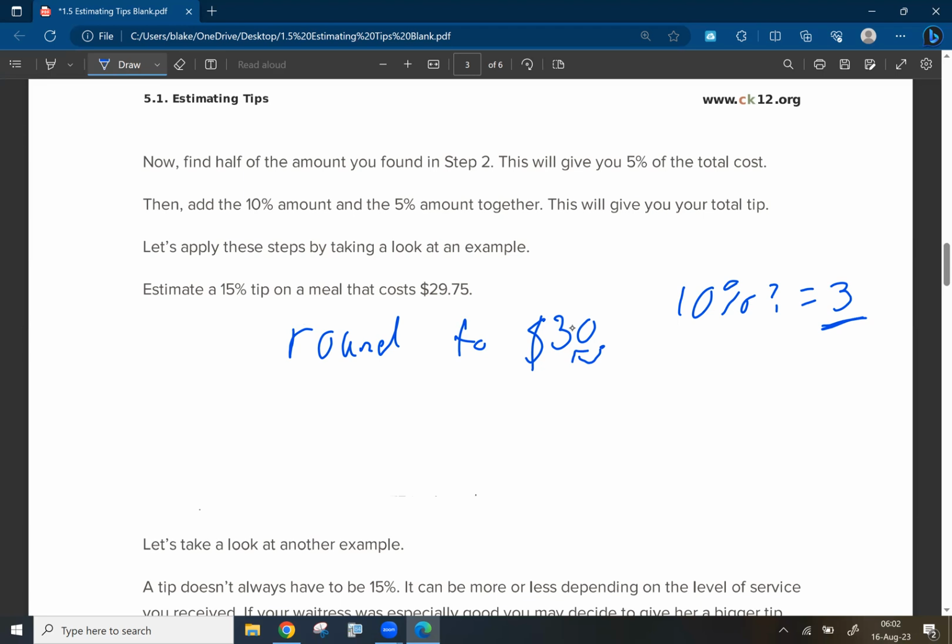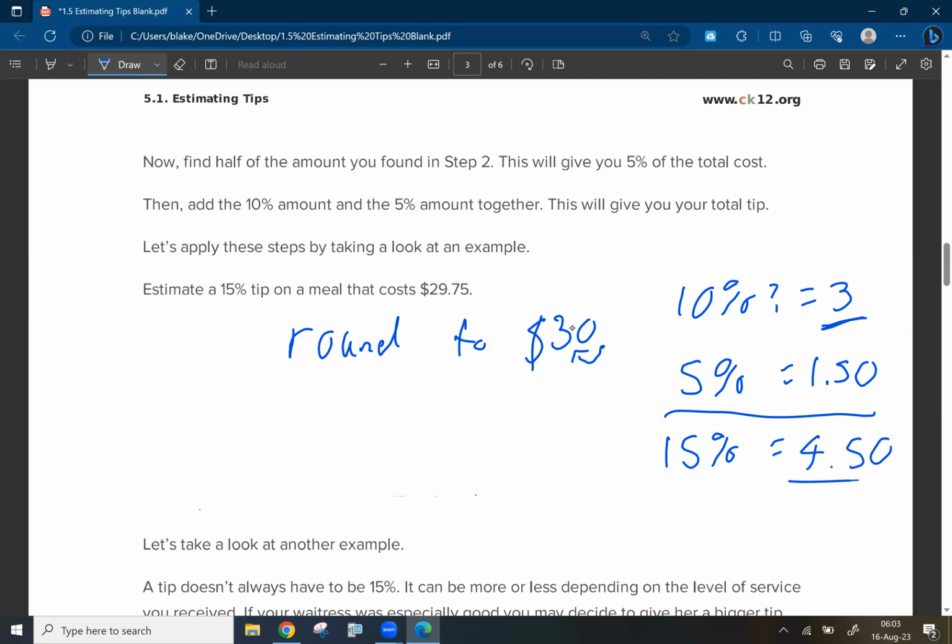So that'd be 3.0, which is essentially 3, so $3. So 10% is $3. Let's think about what 5% is. 5% would be half of 10%, so half of $3 should be $1.50. So 15% is going to be the sum of these two. So $3 plus $1.50 would be $4.50. So this is going to be our estimated tip amount.